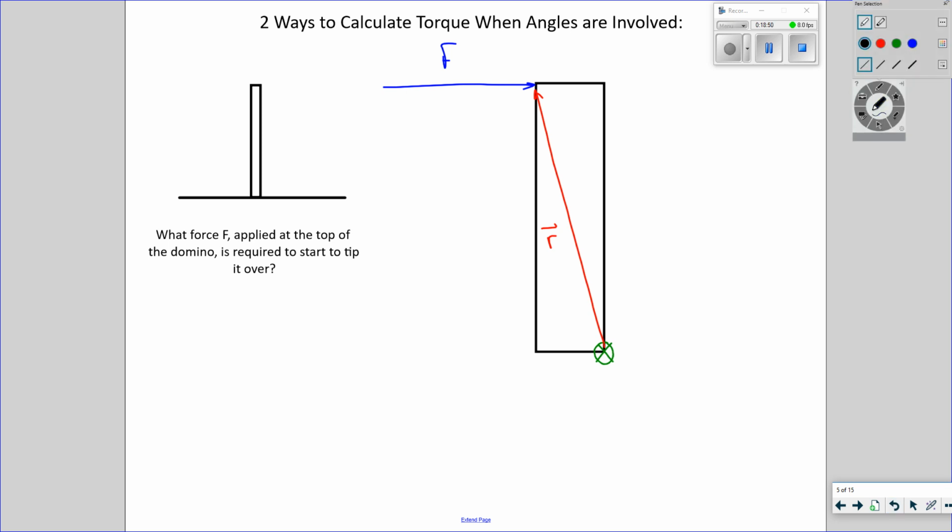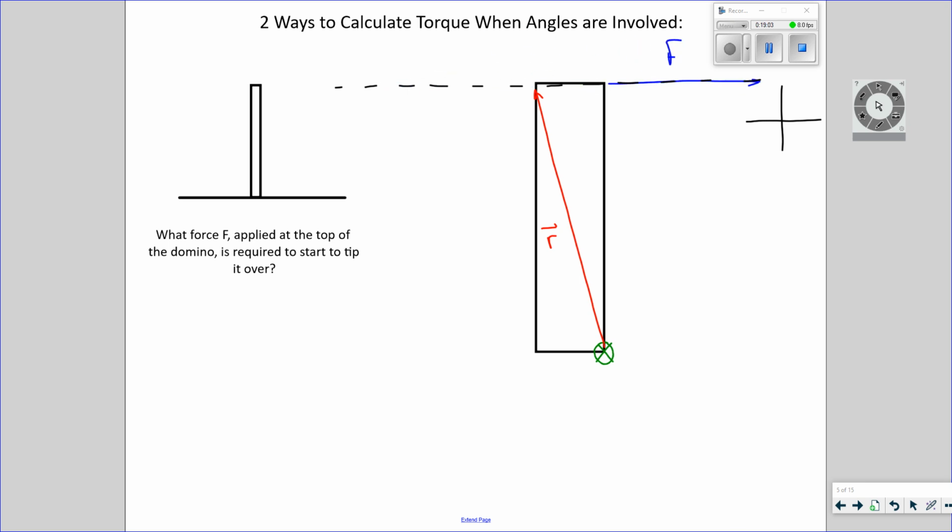and what I mean by that is if we stick to a traditional XY axis coordinate system, here we can look at the line of action of F and say this is a lot like if F acted here at this distance R perp, where now all we need to know is how tall is the domino.